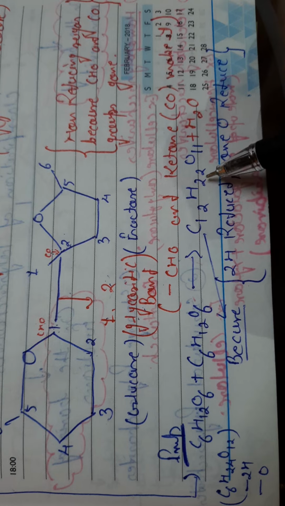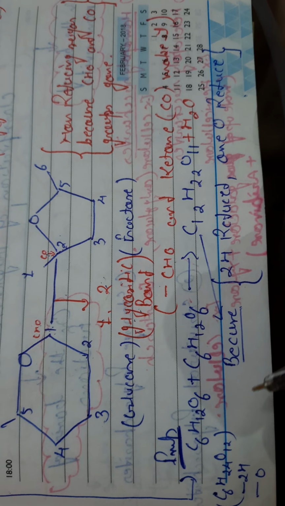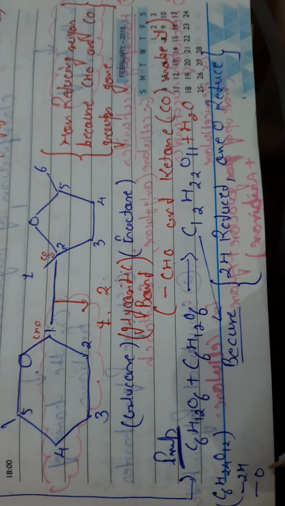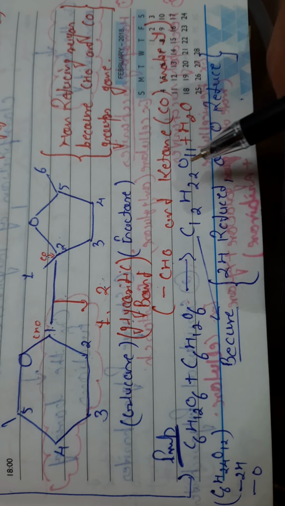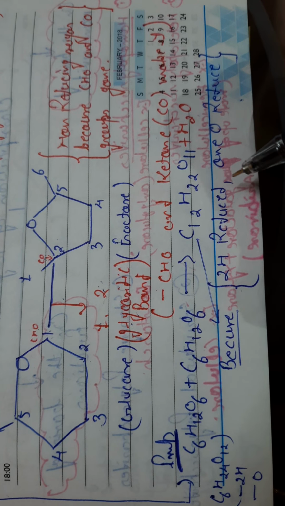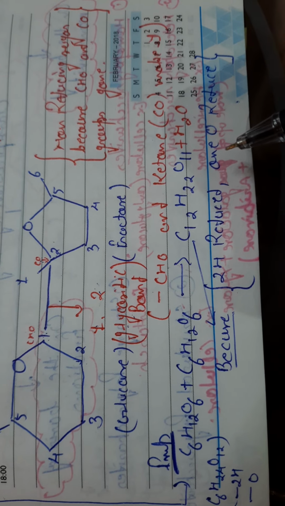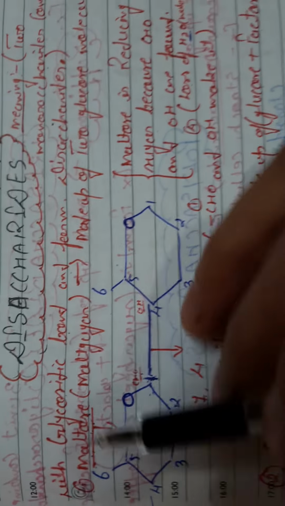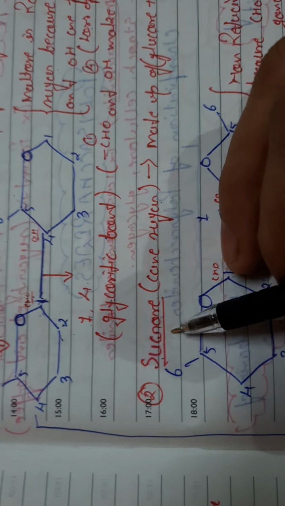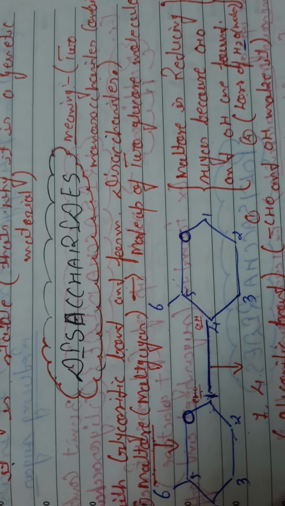C12H22O11 is formed because of the removal of a water molecule, two hydrogen and one oxygen. So these two examples, maltose and sucrose, are both disaccharides.